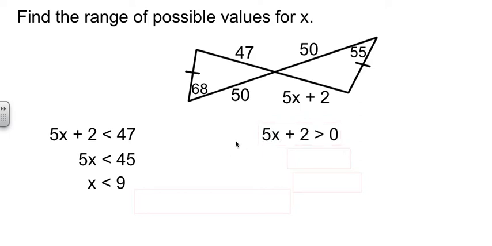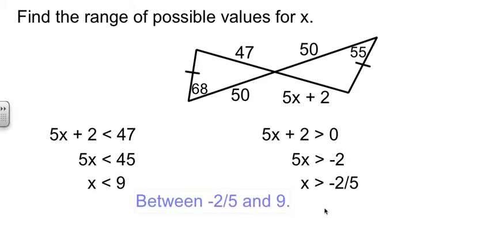Now we also know that that side length can't be negative, so we have to consider that possibility as well. 5x plus 2 has to be greater than 0 for it to even be a triangle. It has to have some dimension to it. So when we solve that, we get x is greater than negative 2/5.